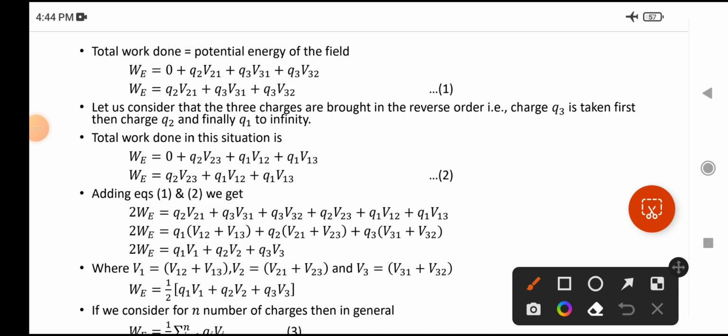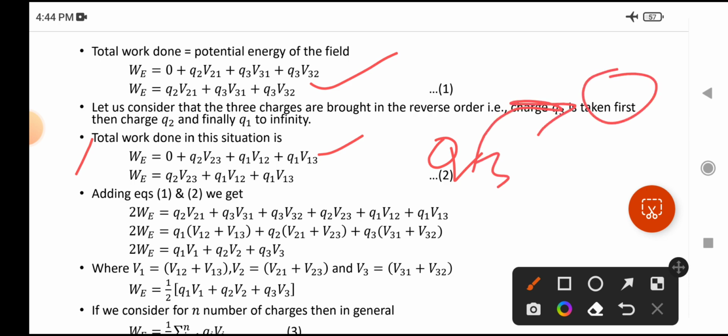So in the reverse process, what do we get? In the forward process we got like this; in the reverse process we get this one. First we bring the Q3 charge to infinity. Suppose at infinity there are no charges.